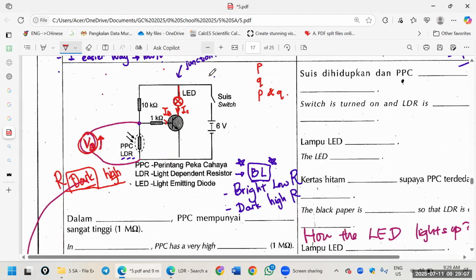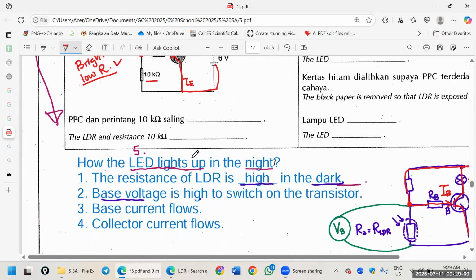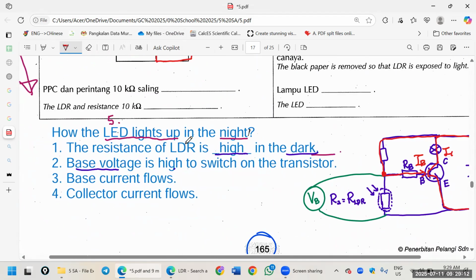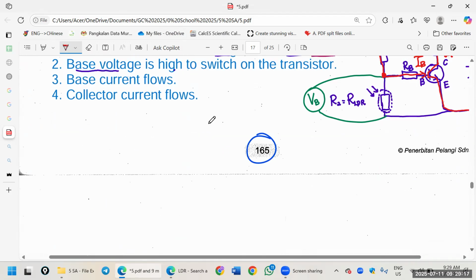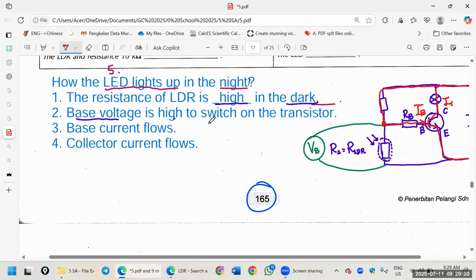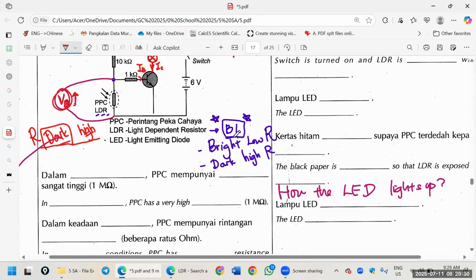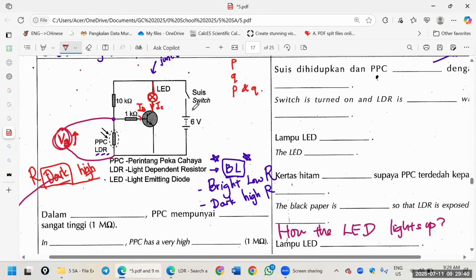Okay, good. If you can memorize these four already, then it will be easy for you for the next one. Next, I say the resistance of LDR is low. You can describe it as you like, up to you. So if the base voltage is low, the current will go down and come back.